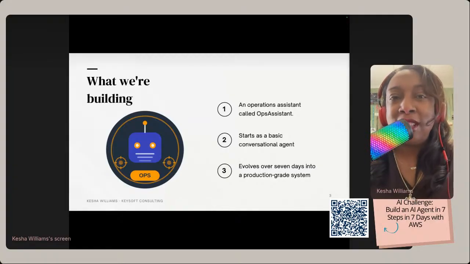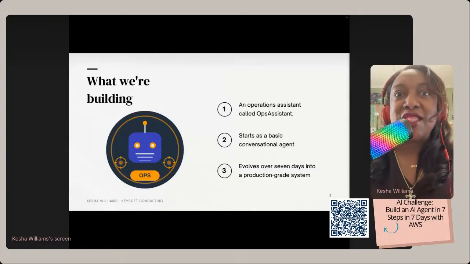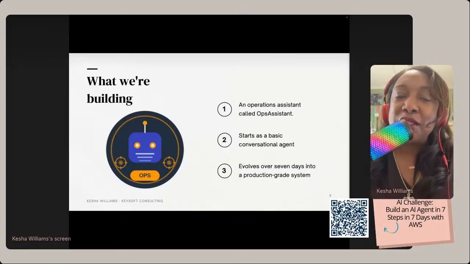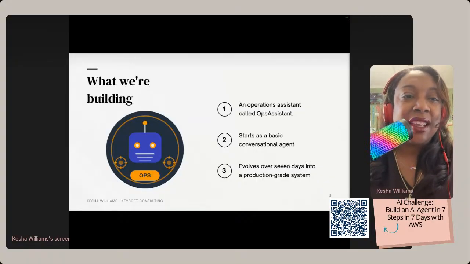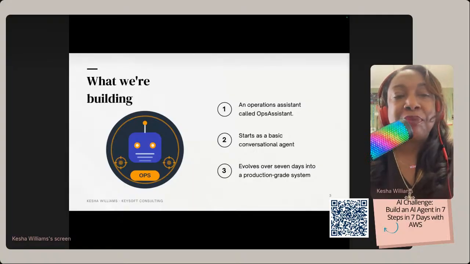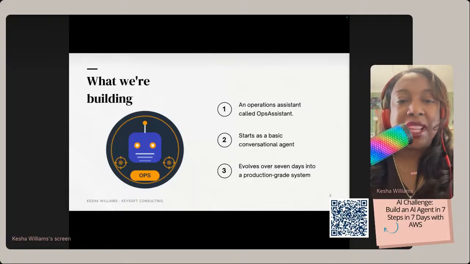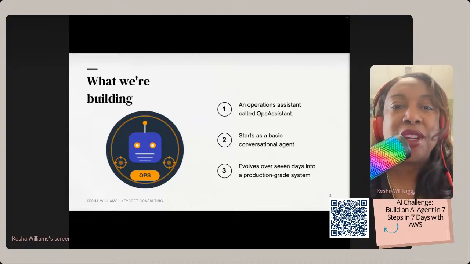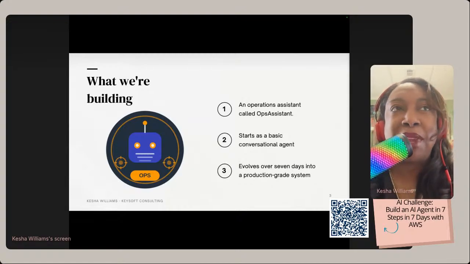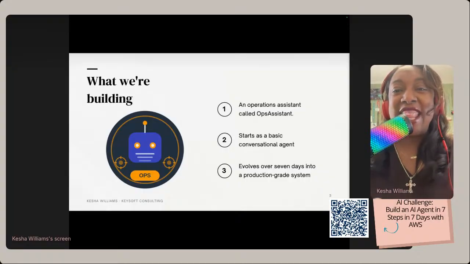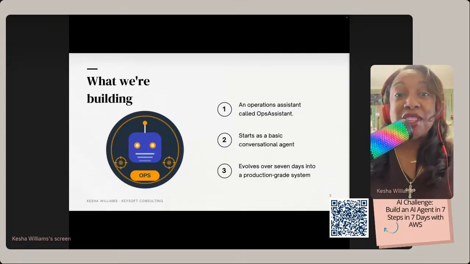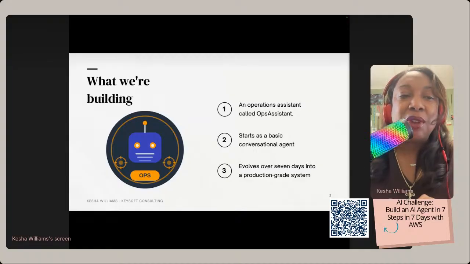Like all organizations need some level of IT support, and AI can help that process. So we're building Ops Assistant, and we start really at the foundational level. It's going to start as just this basic conversational agent on Amazon Bedrock, and then it's going to evolve over the 7 days into a production grade system.